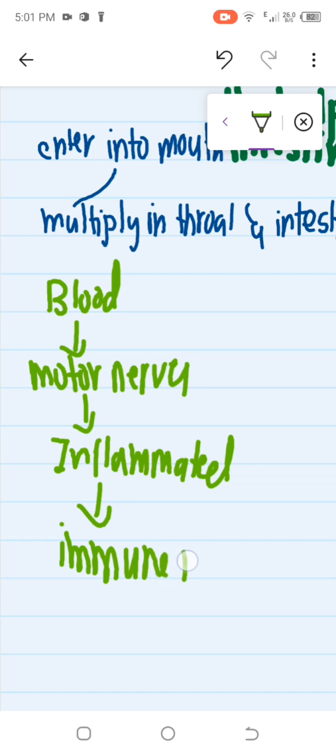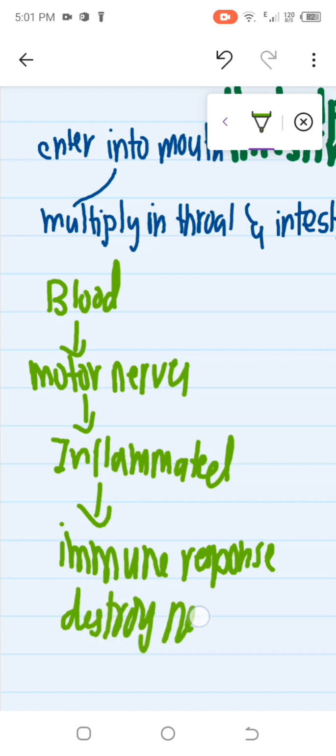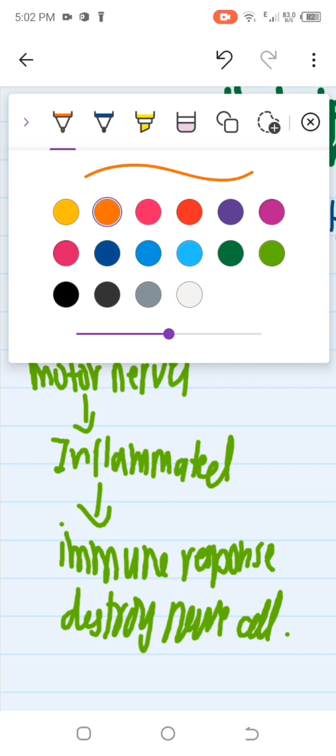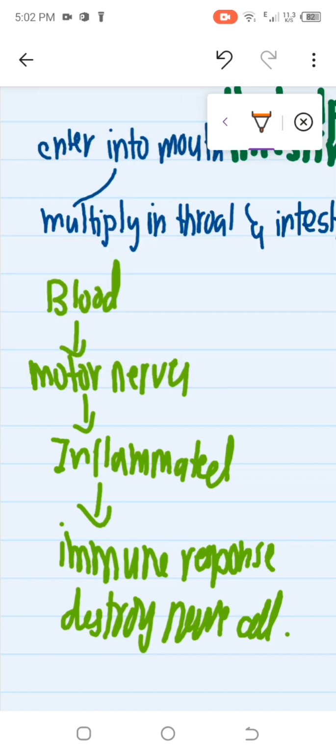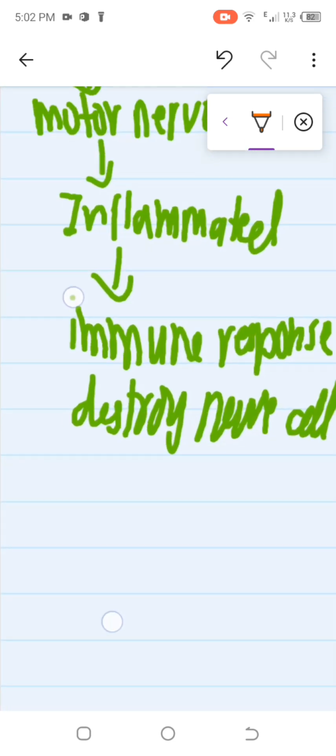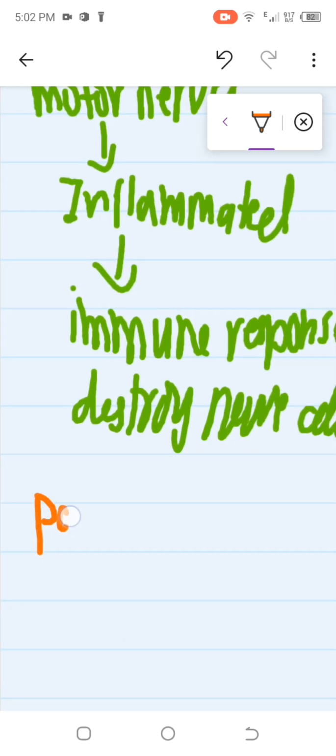So in this condition the nerve cells are infected, and this can be a paralytic situation.